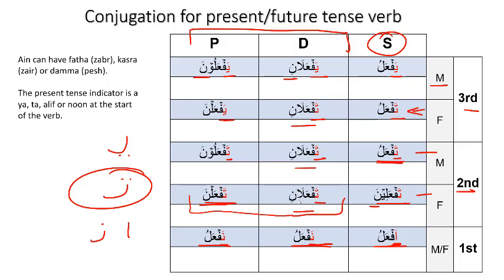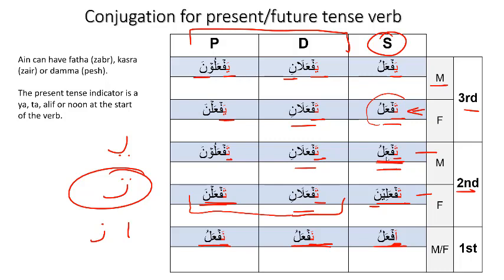The other conjugation that is similar is third person female, taf'alu, and second person male, taf'alu. And again, from context, we figure out whether we are talking about third person female or second person male.